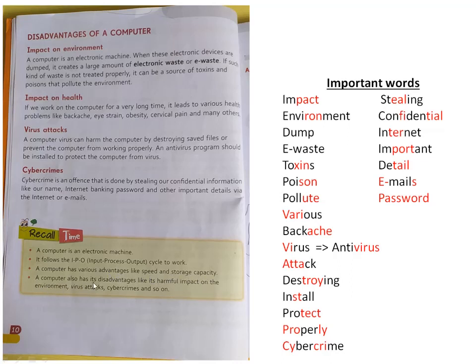A computer also has its disadvantages like its harmful impact on the environment, virus attacks, cyber crimes, and so on. The impact on our health also is very important, right?